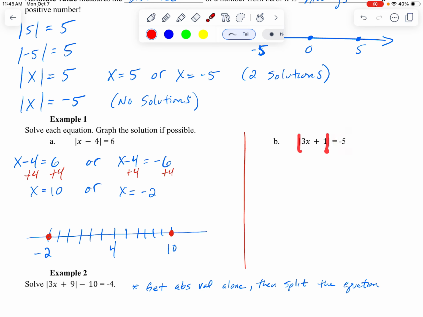Is the absolute value of anything in here ever going to be a negative number? And the answer is no. This is no solutions. That's only in this case when we have the absolute value of something equals a negative number. There's no way that that's possible. We end up with no solutions. And we'll see an example that's similar in just a second, but also a little bit different.